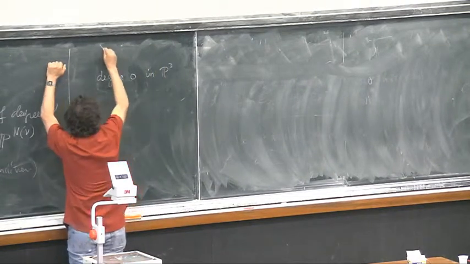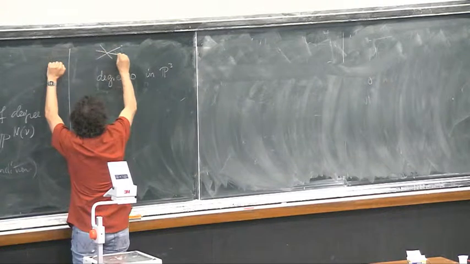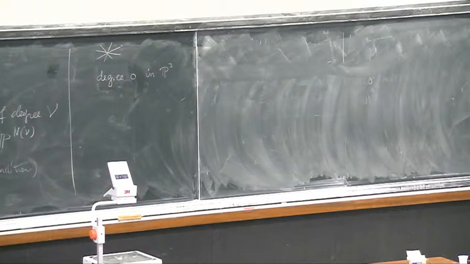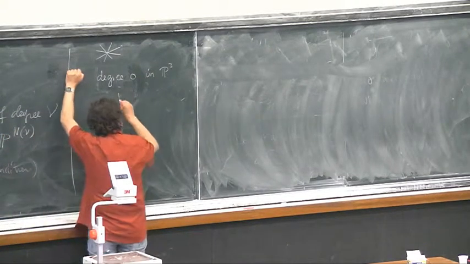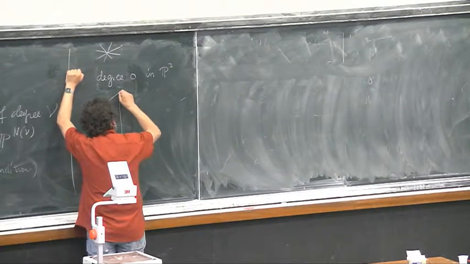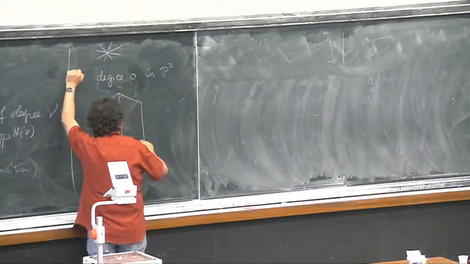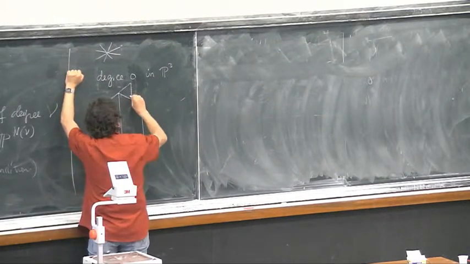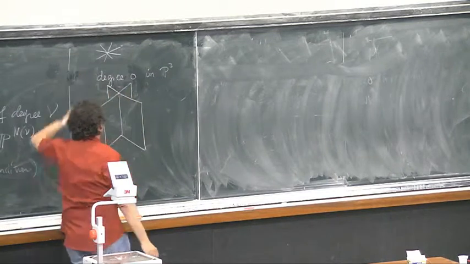Recall that in P2, a foliation of degree 0 is given by lines through a point. And here it's the same. It's a pencil of hyperplanes. That is, you give in P3 a line, a P1, and you take all the planes passing through this line.